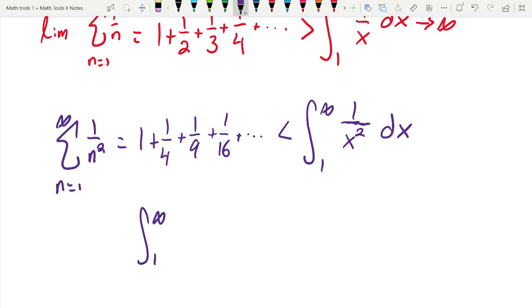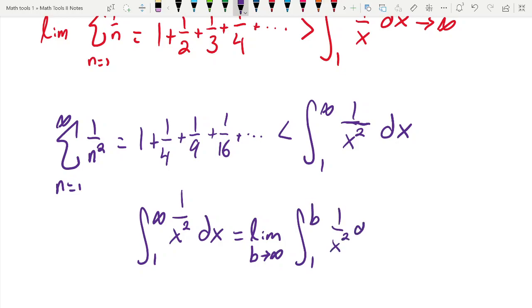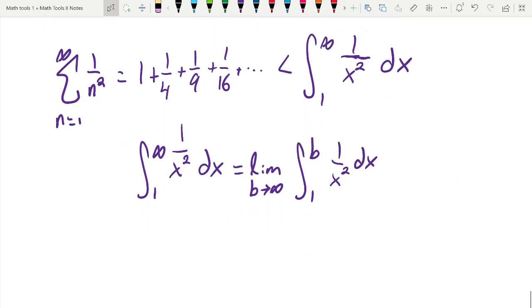Now, when we calculate this integral, okay, we're going to do the same thing. We're going to get the limit as b goes to infinity of the integral from 1 to b of 1 over x squared dx. We might have done this one at some point already. I'm not sure, but always good to practice these. So this is going to be negative 1 over x, right?